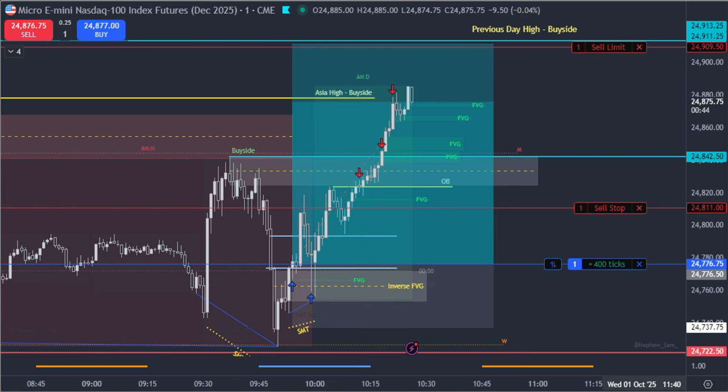Yeah, the market doesn't care about the order blocks. It doesn't care about the breakers. The market's going to target a high or it's going to target a low, and we have to identify what that high and what that low is. I'm going to stop.